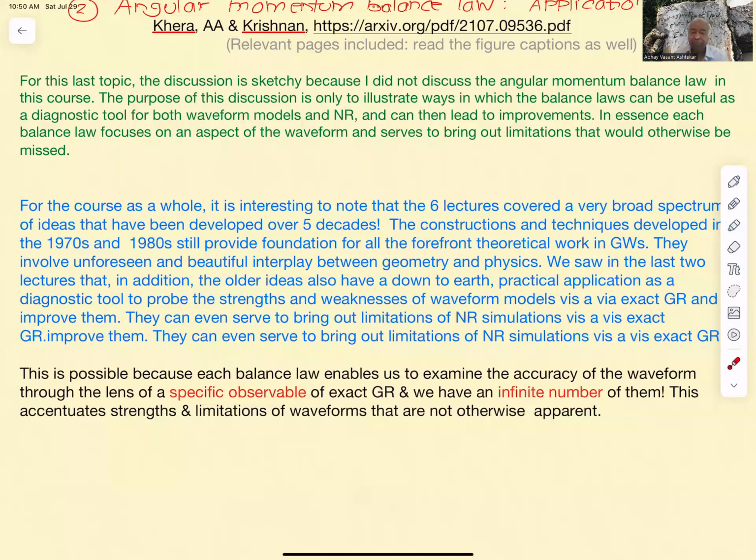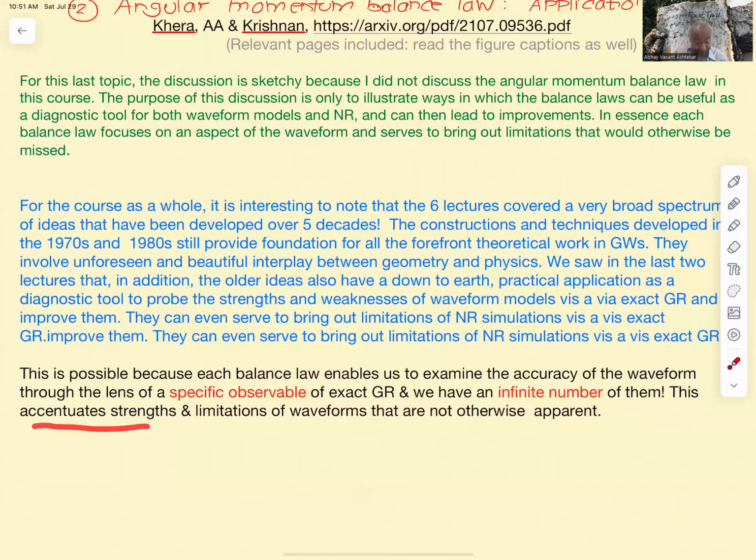It may not do so well, and then I can suggest how to fix that. Because we have infinitely many observables, the supermomentum and angular momentum, each balance law gives us a lens through which we can examine a given waveform and judge its accuracy.